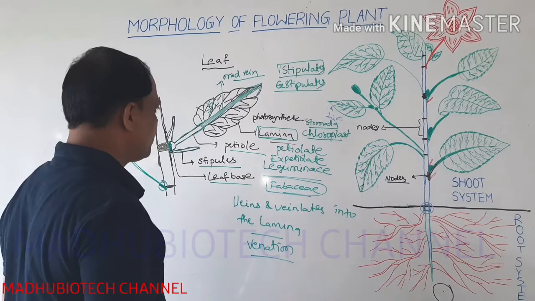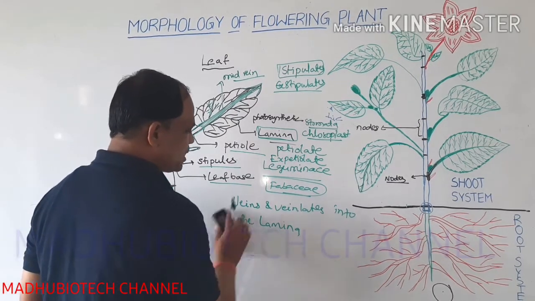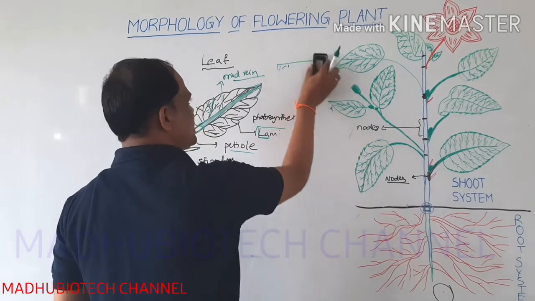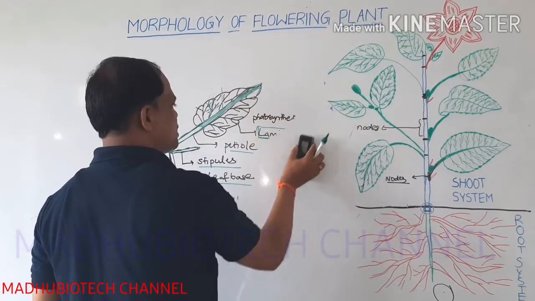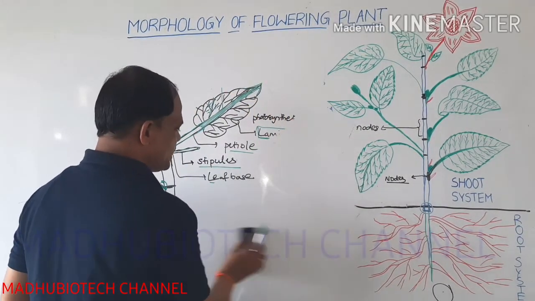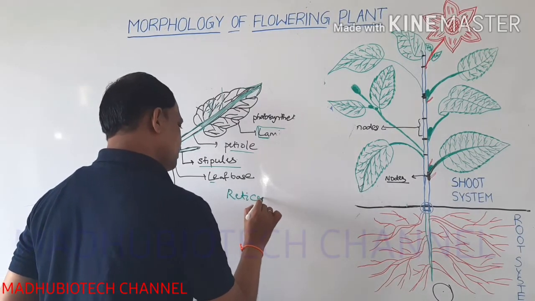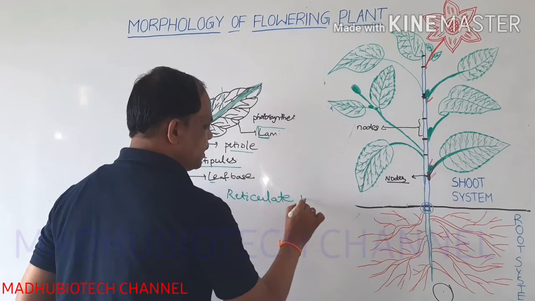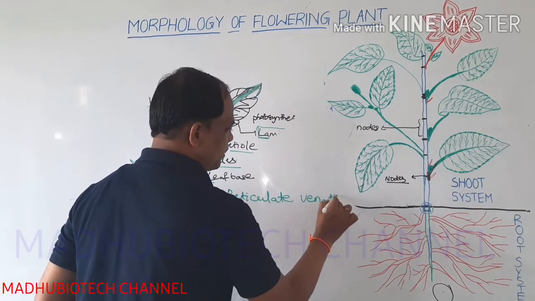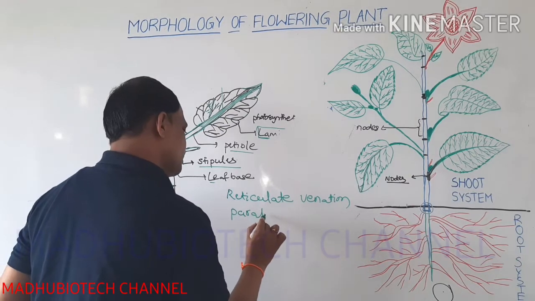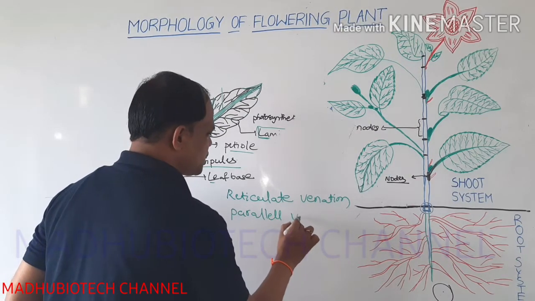Mainly there are two types of venation present. One is reticulate venation and the other is parallel venation.